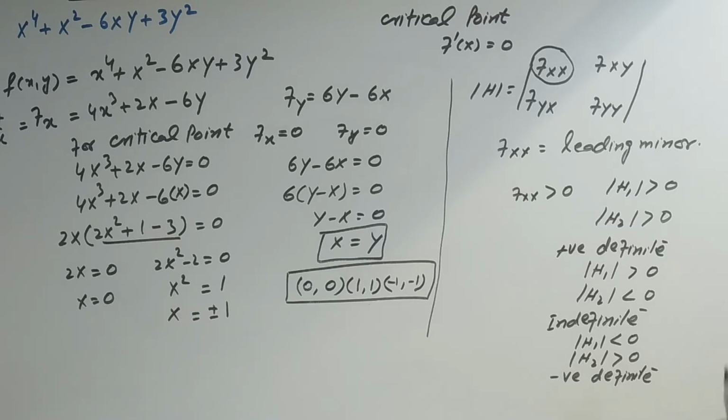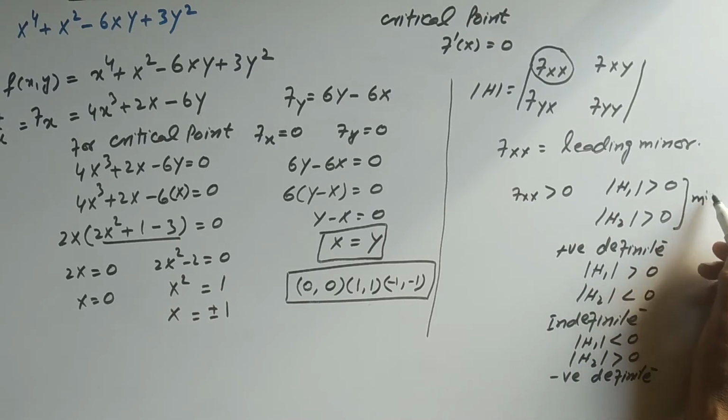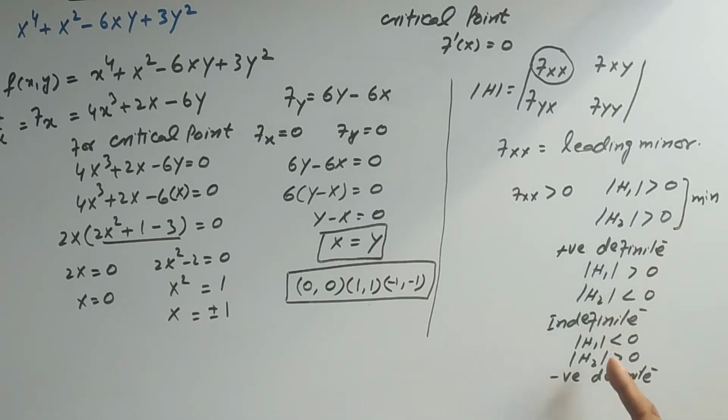If both are positive, then it is a local minimum. If one is negative and the other is positive, then it is a local maximum. And if it is neither a maximum nor a minimum, then there will be a saddle point. So these are the conditions we will have to find out in this question.